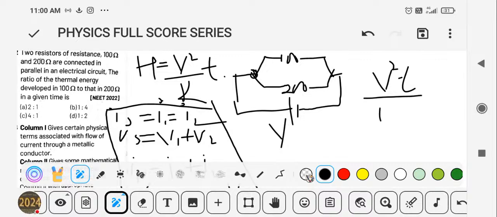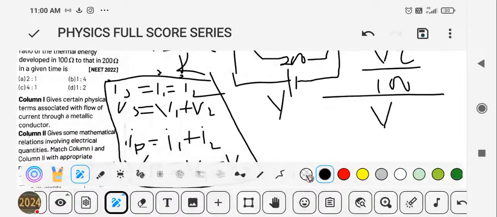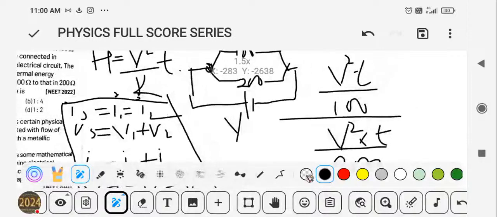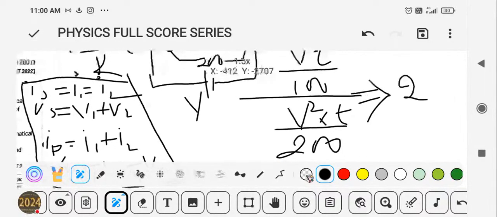So the resistance for the first one is 100, and for the second one it is 200. If you take the ratio, V square cancels, T cancels, 200 in the numerator and 100 in the denominator. After taking the ratio, the answer becomes 2:1.